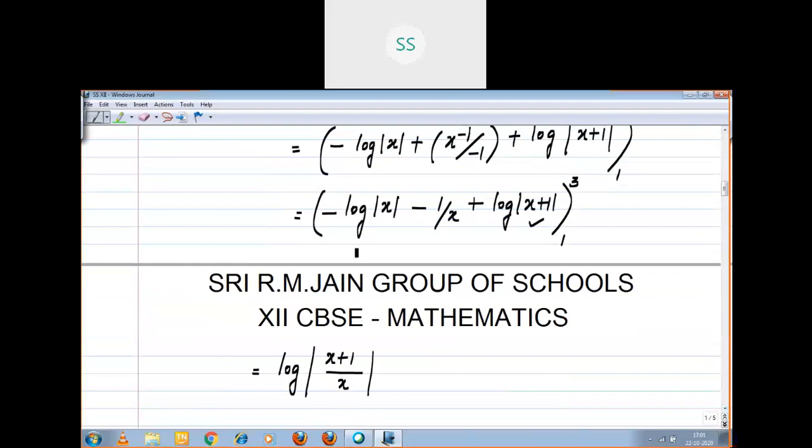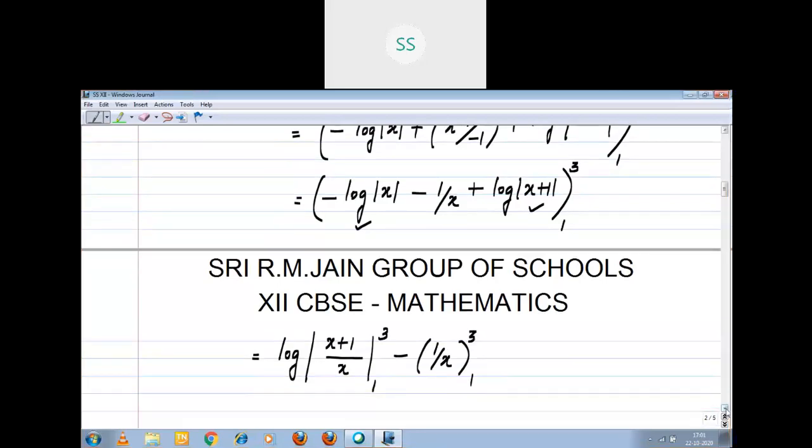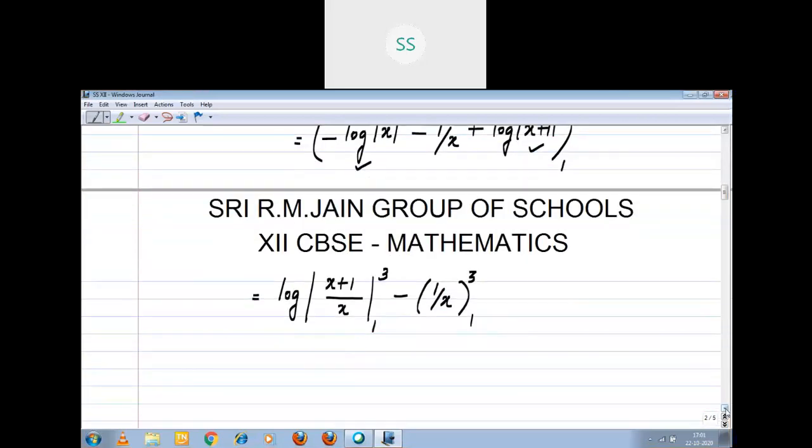Shall I write, children? See here, log a minus log b can be written as log of a by b. The limit is 1 to 3, minus 1 by x, the limit is 1 to 3. I combined the logs. Now lower limit and then upper limit.